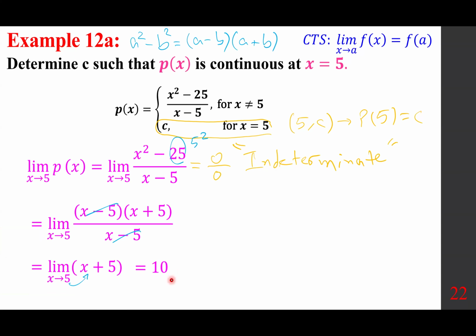And if we want it to be continuous, it must be equal to f of A, and f of 5 is C. So the limit of P of X as X approaches 5 must be equal to P of 5, must be equal to C. So the choice for C must be 10. That's the only way that makes this piecewise defined function a continuous function.